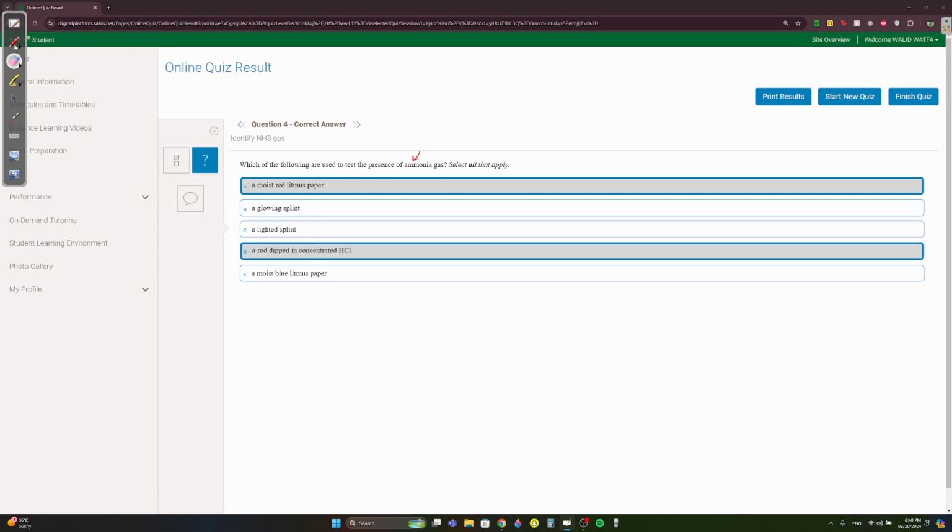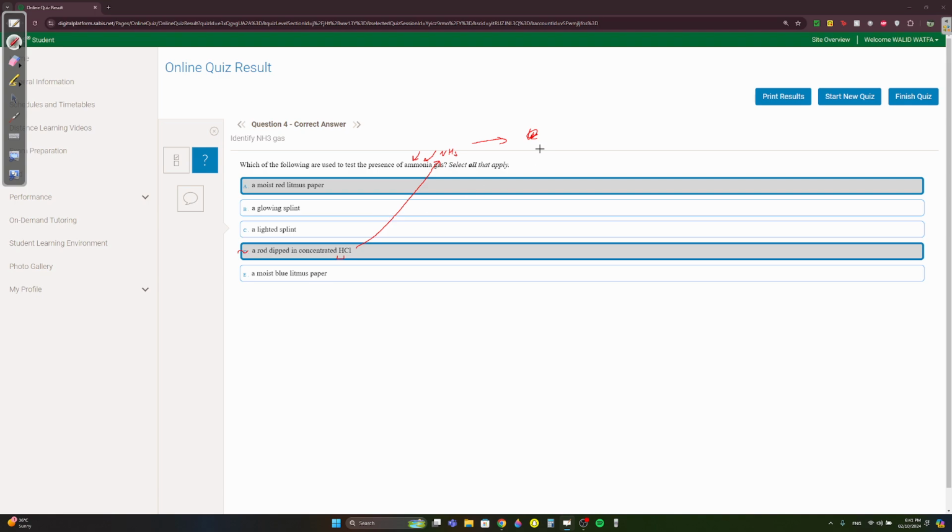A rod dipped in concentrated HCl. Honestly, look, I don't really understand this one, but I think what they mean is that when you add an acid to ammonia, they form a white precipitate. What salt do they form?